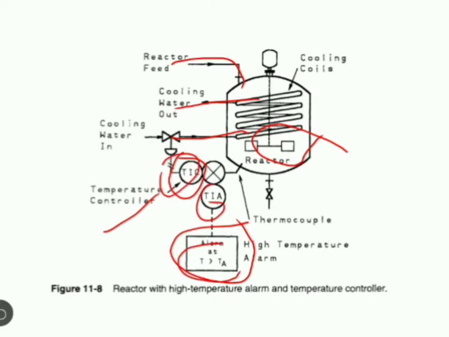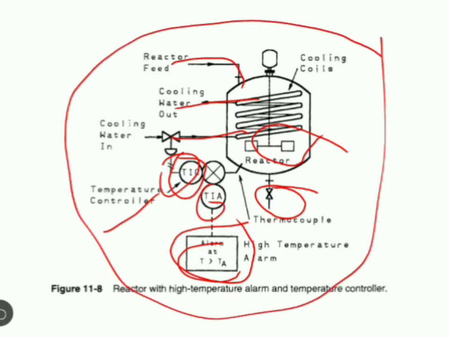Here the thermocouple gives the idea of the temperature of the reactor. So this is a simple example of the reactor. Now we have to draw the event tree for this, so we will see how to draw it.